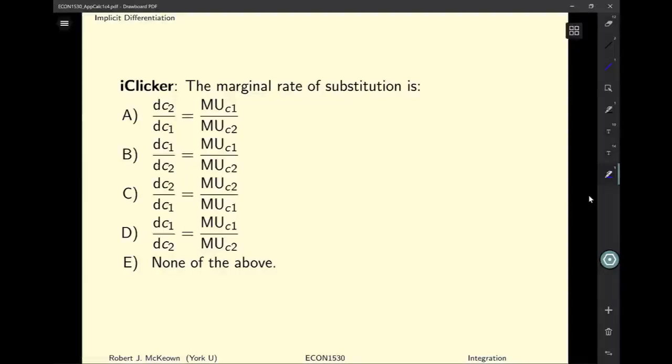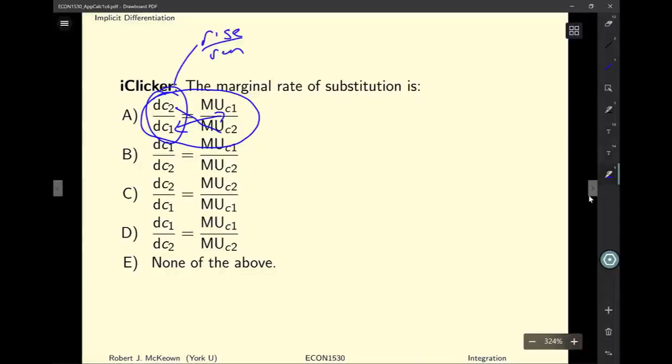And the answer is, once again, the top one. So I always remember that we've got rise over run. This over here is like our rise over run. And then we flip the subscript of the numerator and denominator when we're looking at marginal utilities.